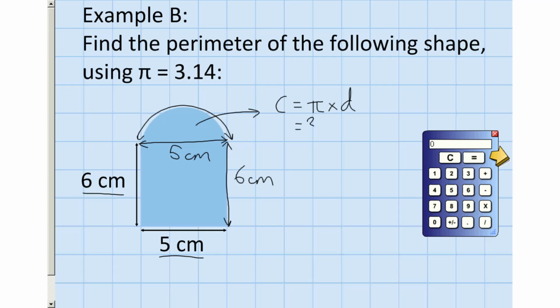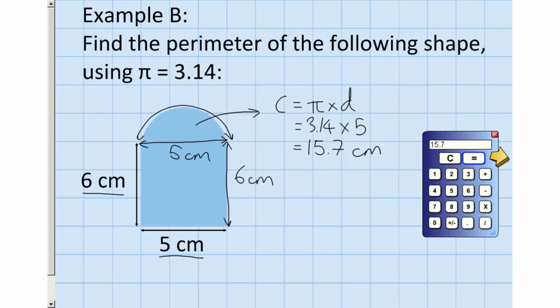So that would be 3.14 times 5. Using my calculator, 3.14 times 5, we get 15.7 centimeters.